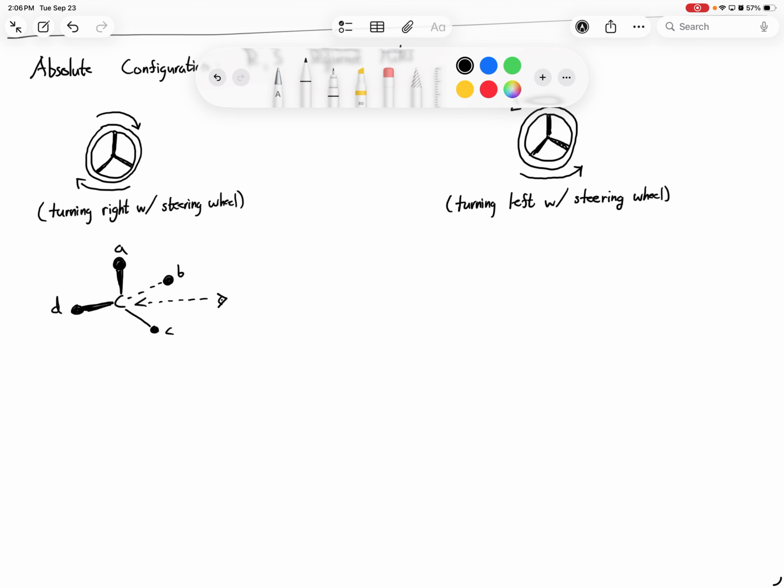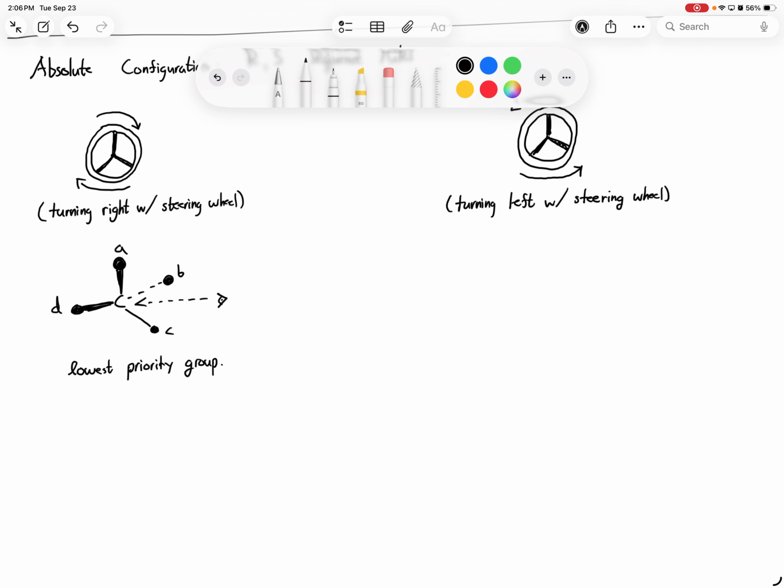So I wanted to make a note here that our lowest priority group, in this case, groups are atoms or a bunch of atoms, like a functional group. Okay.